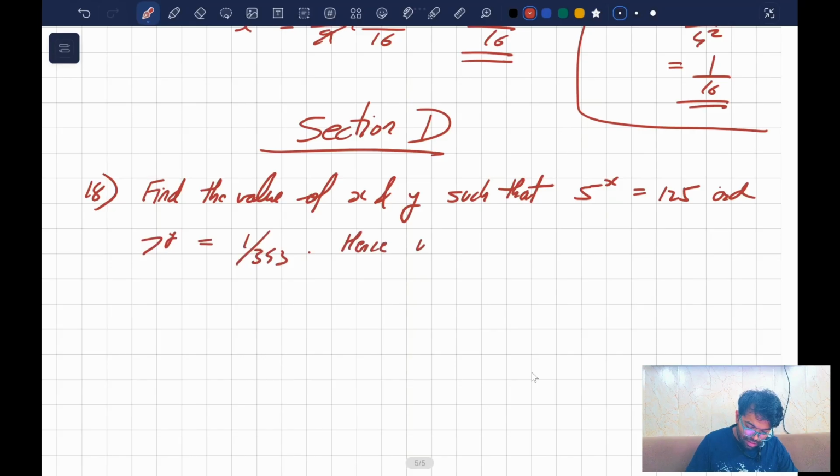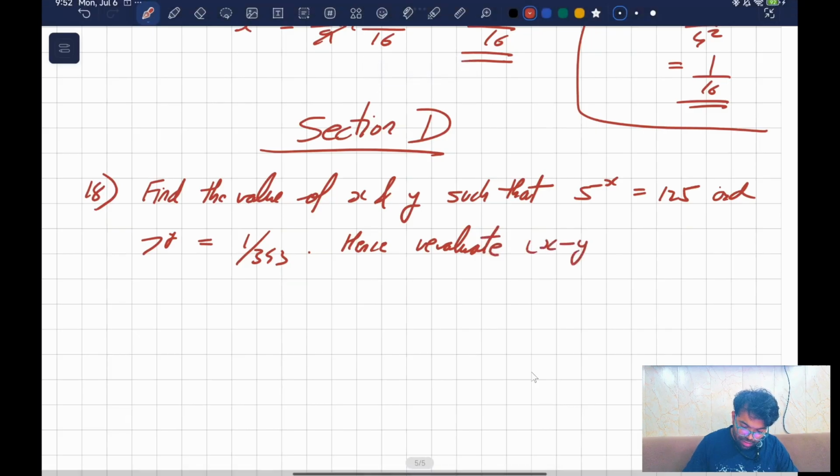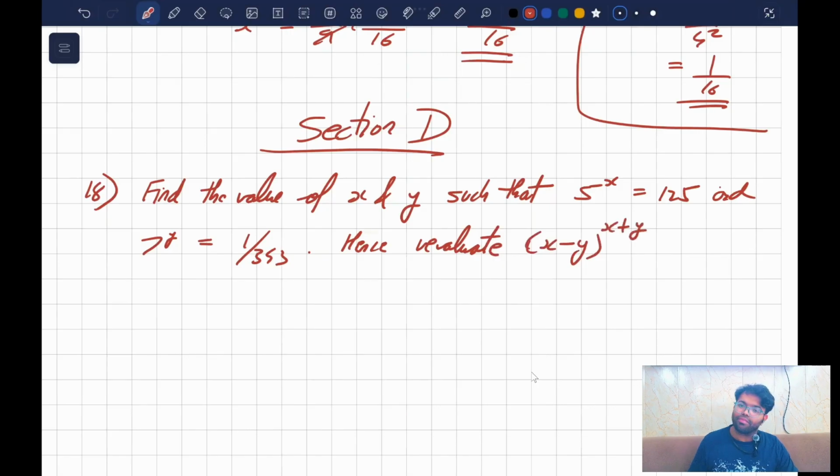Hence, evaluate x minus y the whole to the power of x plus y.